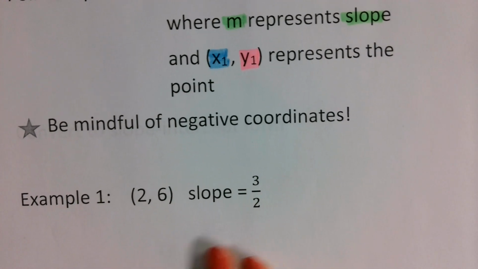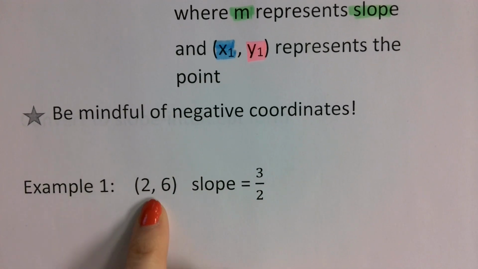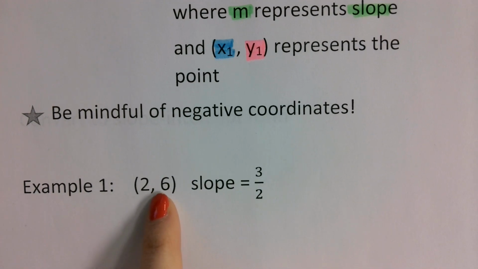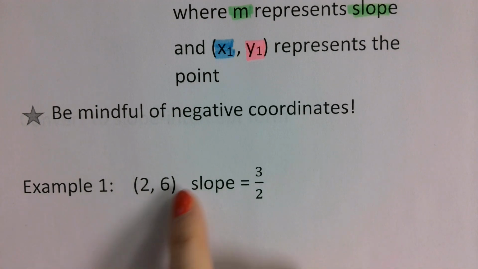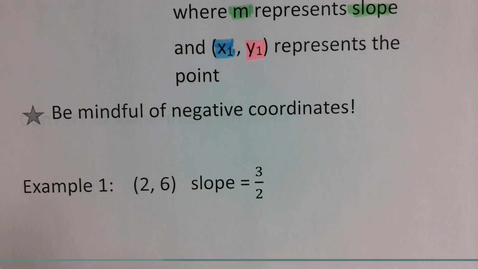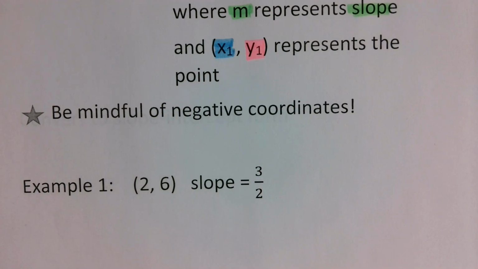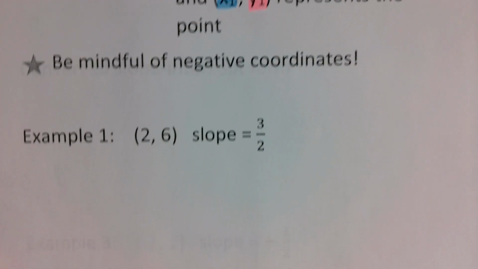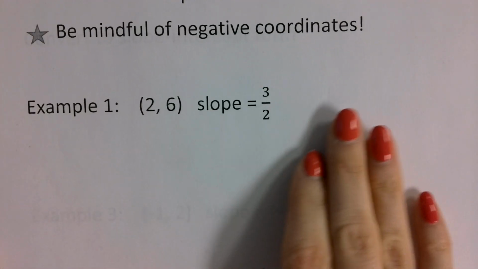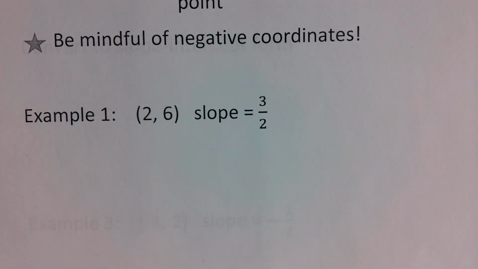So let me go ahead and show you an example. If I give you a point, so on my line that I've graphed, I have the point 2, 6. 2 being my x value, 6 being my y value for my coordinate, and that I know that my slope is going to be 3/2. So I want to go ahead and translate this into an equation. So the first thing that I would do is place it into that format, y minus y1 equals m times the quantity of x minus x1.